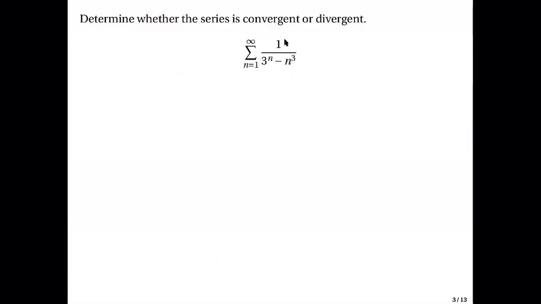So, we have the series 1 over 3 to the n minus n cubed. Okay? So, kung iisipin nyo yung magiging bn natin, of course, automatic, ito na lang gamitin nating bn, ano? Yung magiging bn nyo, it will be 1 over something.